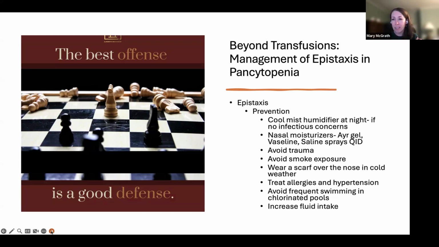Smoke exposure can be extremely irritating to the fragile blood vessels in the nasal mucosa, so try to avoid that. Also, cold air definitely dries out the nasal mucosa, and so encouraging kids to wear a scarf over their nose when they're outside in cold weather can also be helpful.